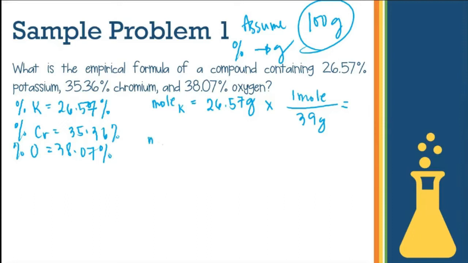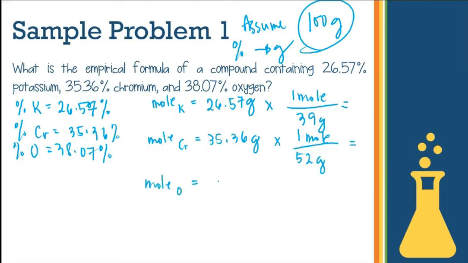Then, ang mole ni chromium is equal to 35.36 grams times 1 mole over chromium has a mass of 52 grams. Okay? Then, mole ni oxygen is equal to 38.07 grams times 1 mole over 16 grams. Then let us get the answer.